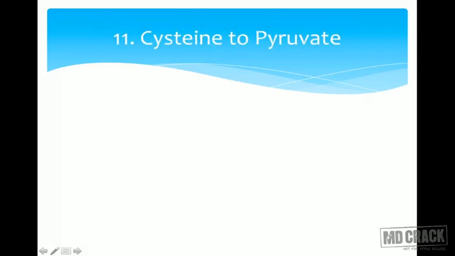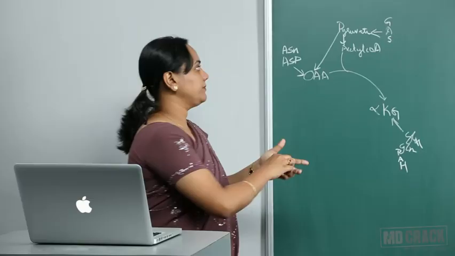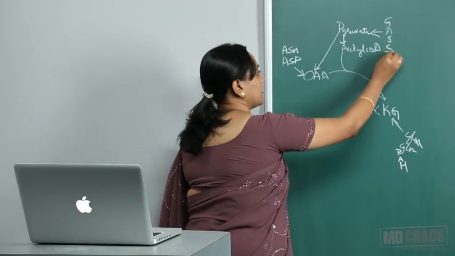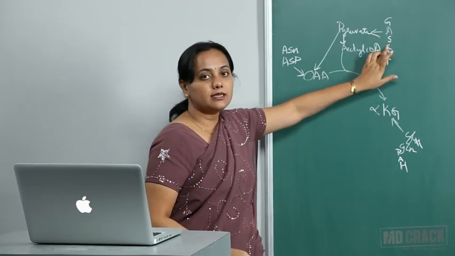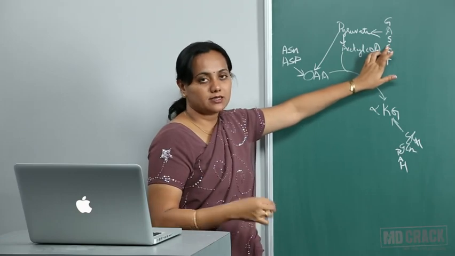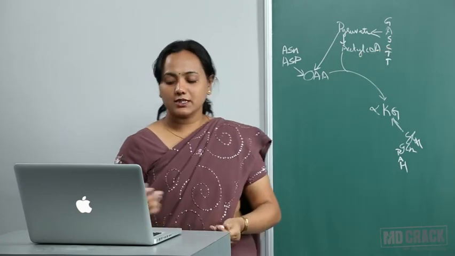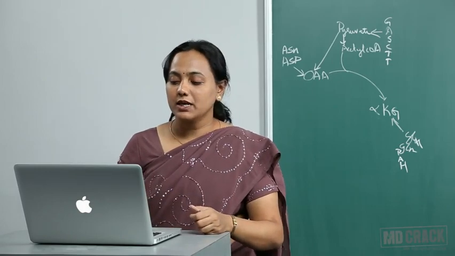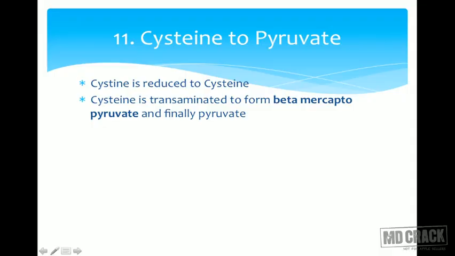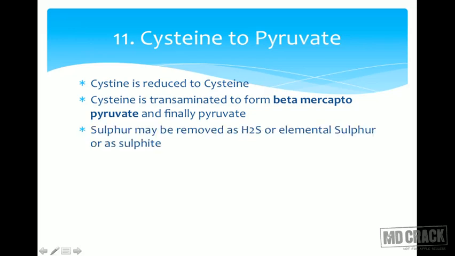Now cysteine to pyruvate, how does it happen? Cysteine is reduced to cysteine and then later on metabolized. You need not know the pathway. It is transaminated to form beta-mercaptopyruvate and pyruvate.